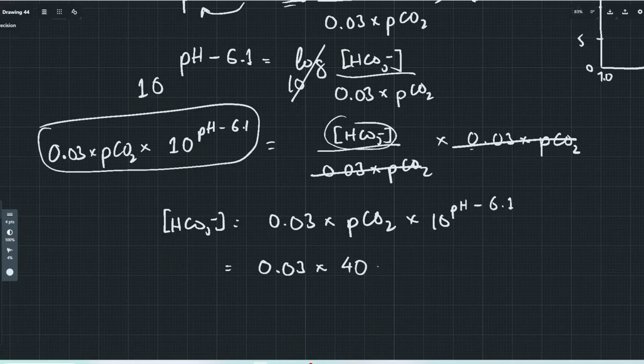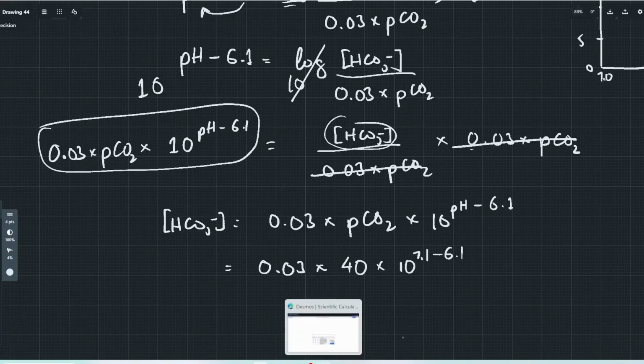We will actually create multiple isobars, and then we will take a shortcut in Excel later, but first you need to understand the basics. Then 10 raised to power pH, we are trying to find for 7.1 minus 6.1. Now we can calculate this using the scientific calculator.